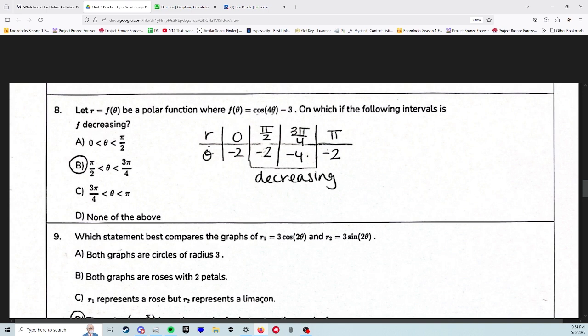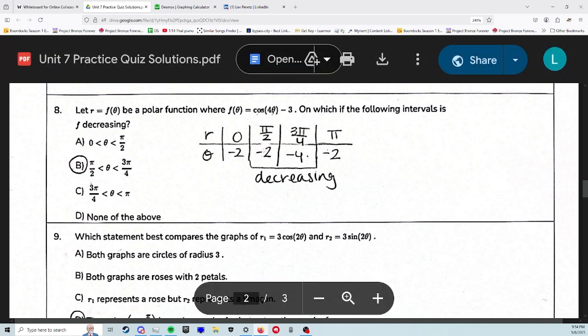R equals f theta where f theta equals cosine 4 theta, which of the following intervals are decreasing? So where on this graph is this decreasing? Is it from 0 through pi over 2? No, because they share the same thing. Is it pi over 2 through 3 pi over 4? Yes, because it is decreasing. 3 pi over 4 through pi? No, because that's increasing. So we know it's B.